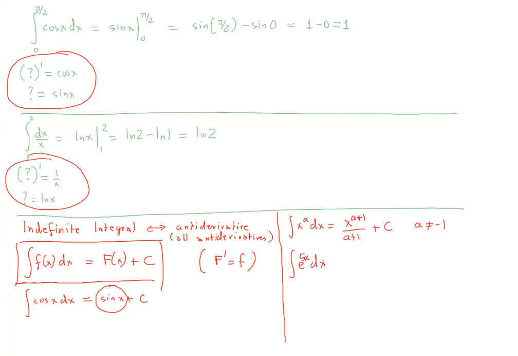Well, there's this little principle that we can use: if you find a function whose derivative is a constant multiple of the function that you're trying to find the antiderivative of, then you could anticipate the presence of that constant and start instead with 1 over that constant times the function that you guessed, and that will give you simply the function that you were interested in.